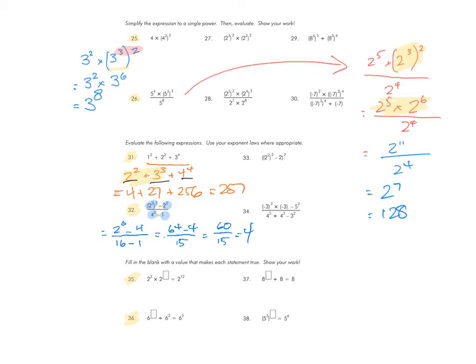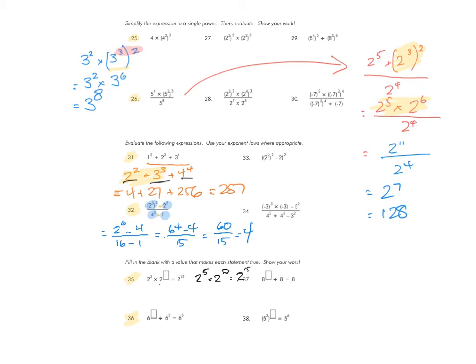So 35 is 2 cubed times 2 to the blank equals 2 to the exponent 12. So again, I'll do a similar question. The similar question I'm going to do is 2 to the 5 times 2 to the blank equals 2 to the 15.